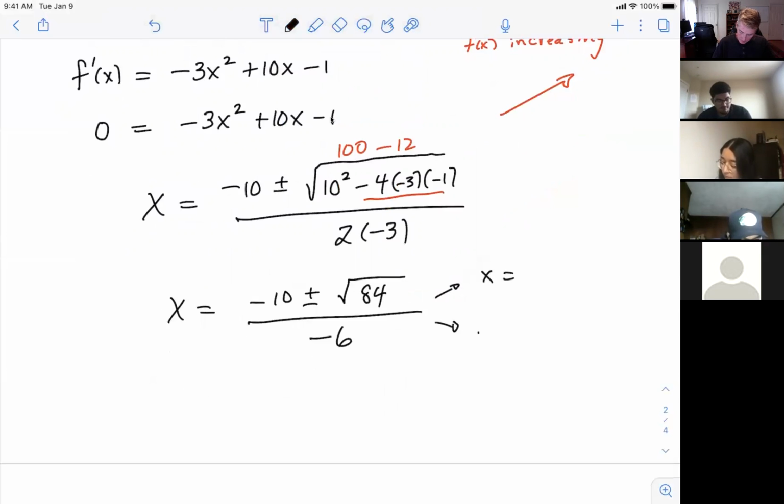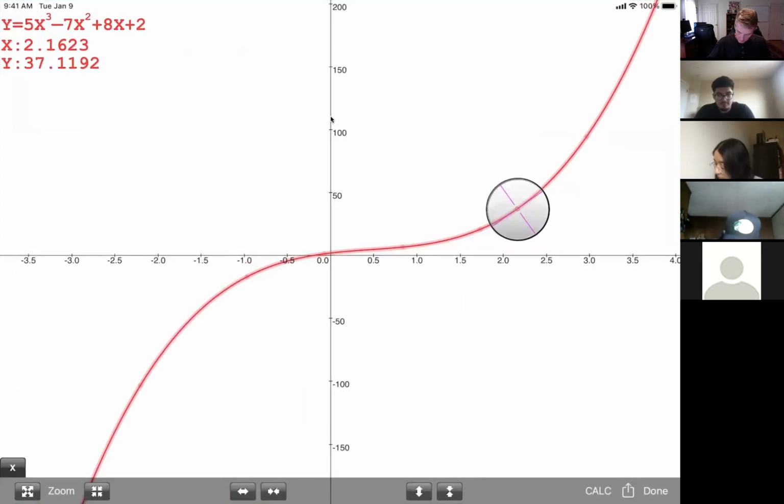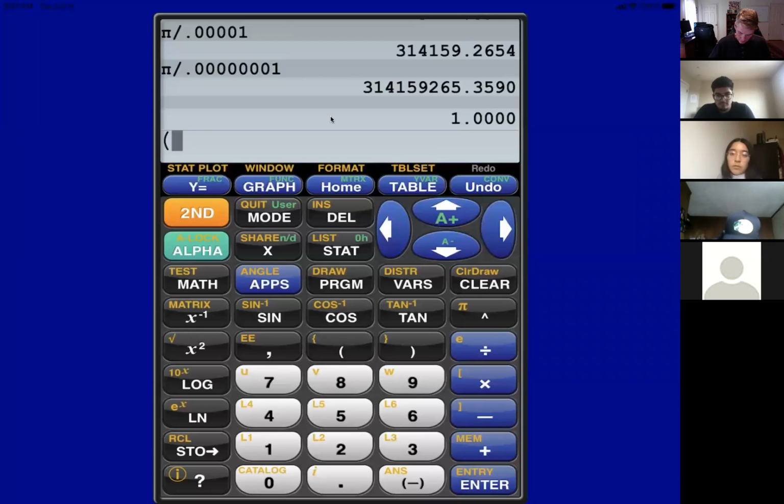And then I'm just going to put that in the calculator and get the 2 decimal answers. So that is negative 10 plus or minus square root of 84 over negative 6. So negative 10 plus the square root of 84, and then parentheses, the whole thing gets divided by negative 6.